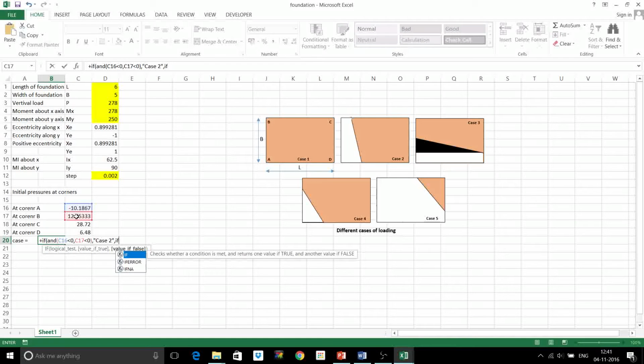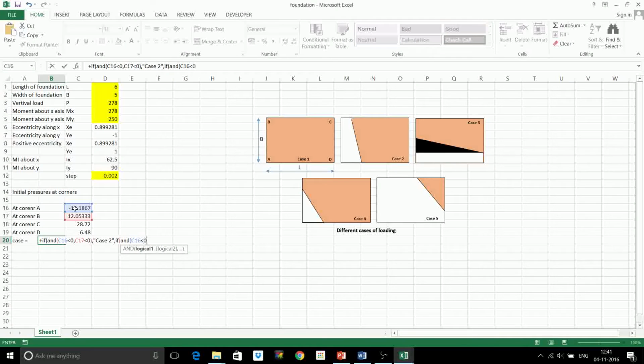And if A and D, A is less than 0 and AB less than 0, then this is a case 3.